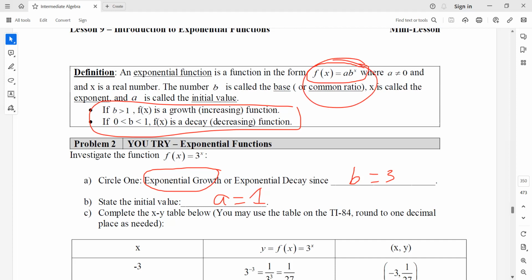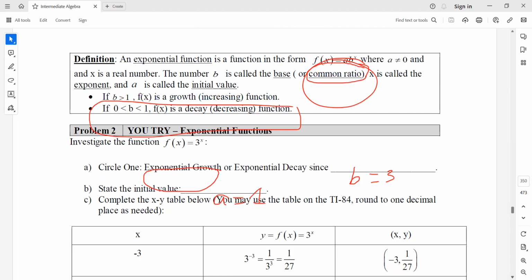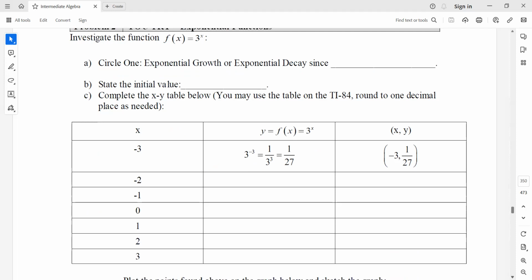Okay. Now, because that is the function we have, when you go to the table, you can fill in your values, right? So if x is -3, you put it in, and then you have your value for y. If x is -2, put that in, 3 to the power -2, which is going to give you 1/3 squared, which is 1/9.